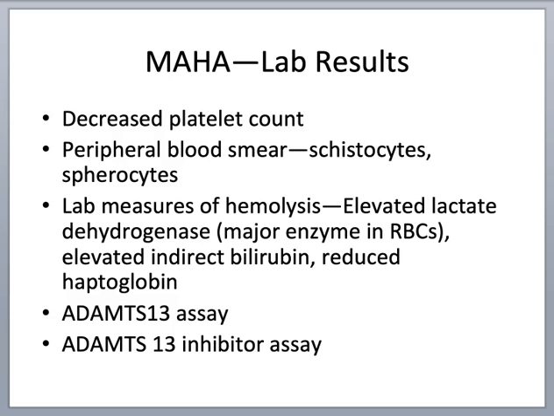As mentioned, the indirect bilirubin is elevated, and haptoglobin is reduced or not detected. You can use specific tests to assay for ADAMTS13 or look for the inhibitor of ADAMTS13 when you're looking for the autoantibody that binds to ADAMTS13.